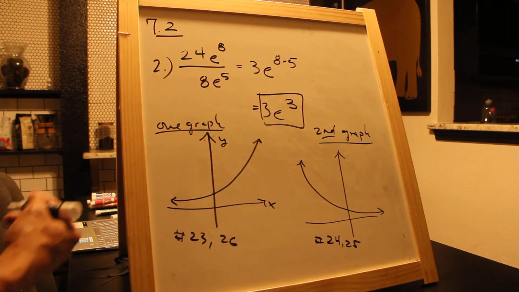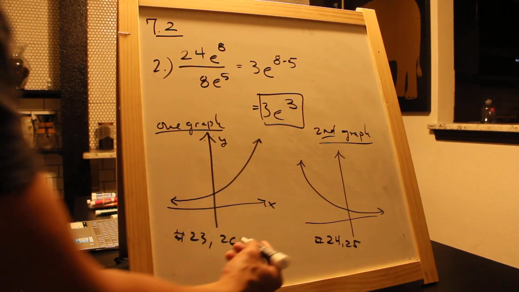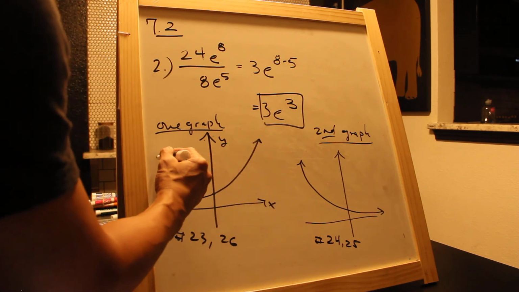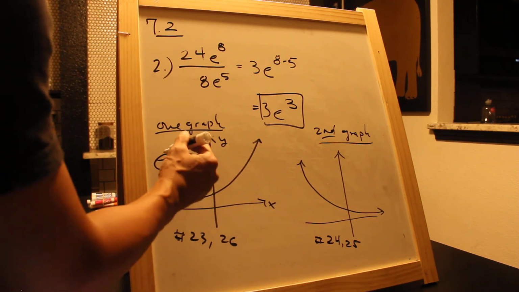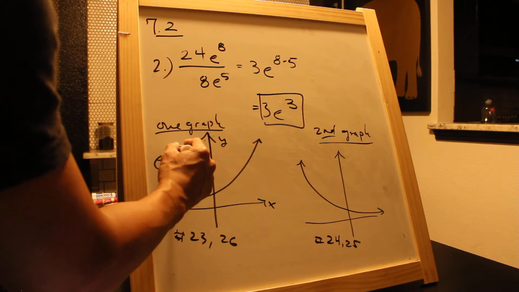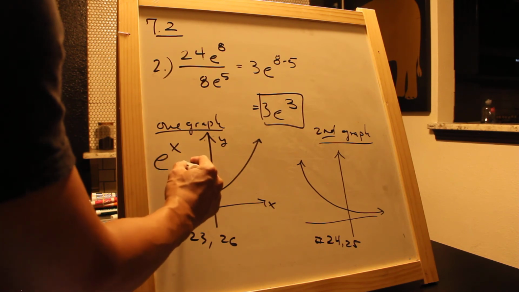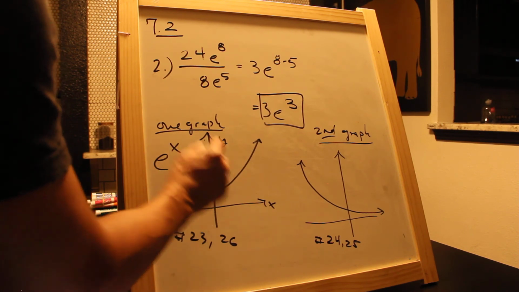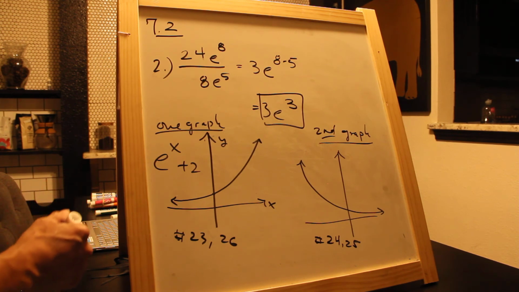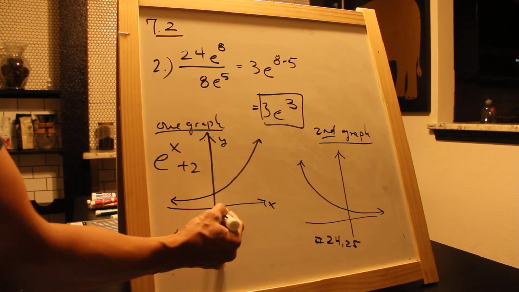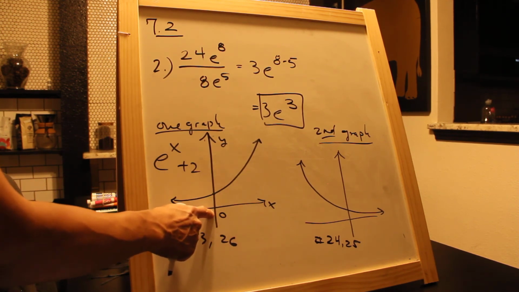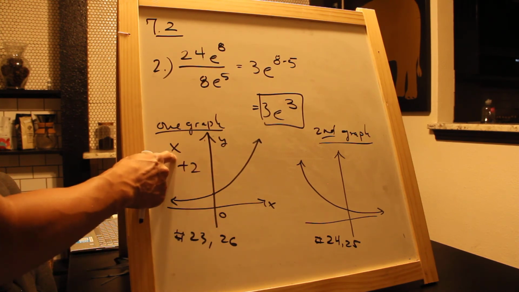Okay, so for example, let's say this was e to the x plus 2. So then when this is at 0 here, then I put 0 into x.